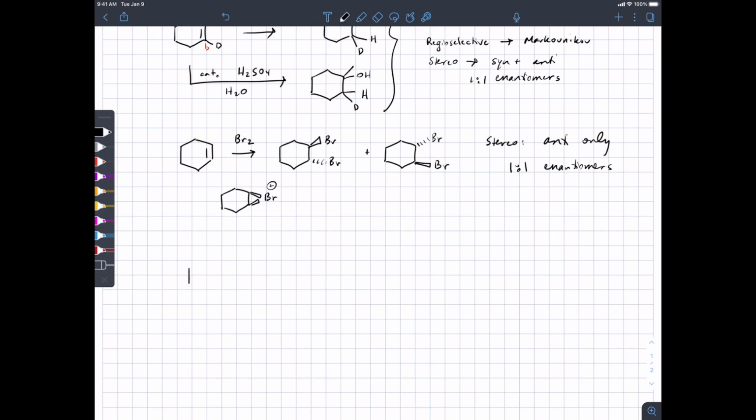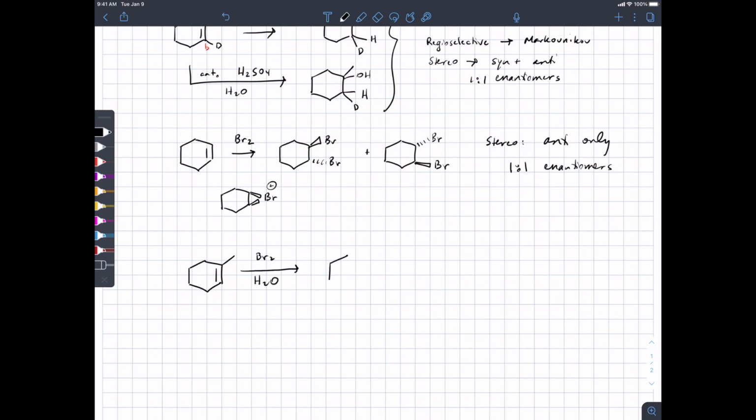And then we made the issue just a little bit more complicated by saying, let's do bromine, but let's have an excess of some other solvent. We used water and or alcohols before for this. I'm just going to use water.